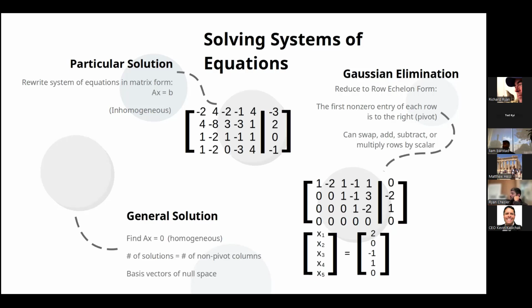William, yes? Before you go on to the general, we have a question in the chat. Can all matrices be reduced to this row echelon form? Yes. All matrices can be reduced to row echelon form using these steps. I think there would be an edge case, if all of them are non-pivot columns or something.